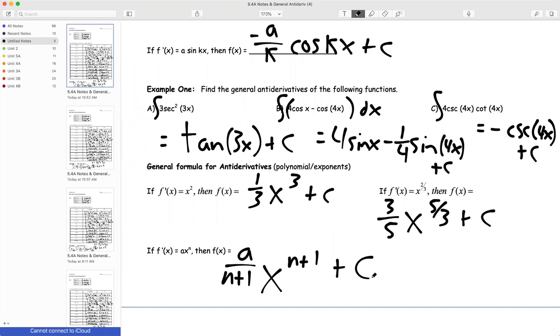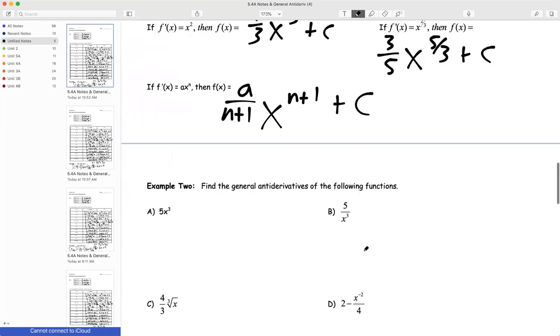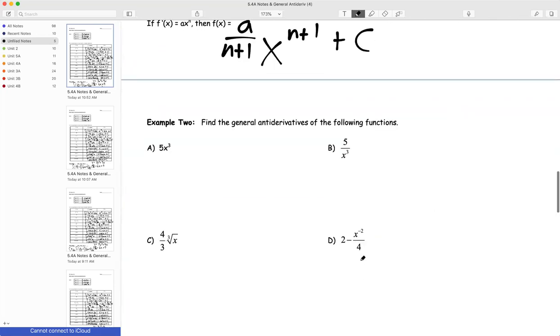So let's look at a few of these examples. It says find the general antiderivatives of the following functions. So I have the integral of 5x cubed dx. So I add 1 to the exponent, which gives me x to the 4th.